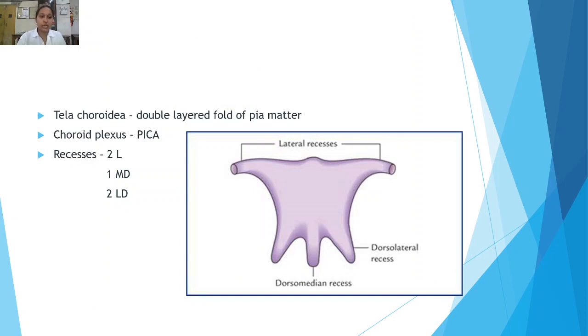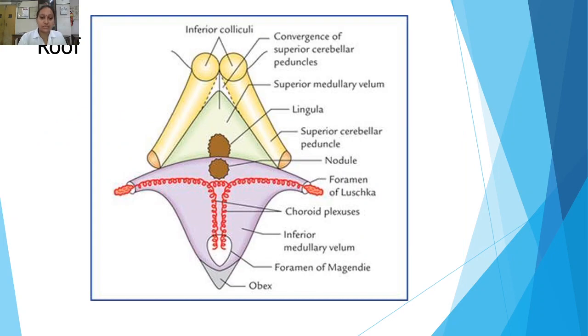Now, lateral boundaries we have seen, we'll see the tela choroidea. Tela choroidea is a double layered fold of pia mater that encloses the choroid plexus. The choroid plexus is a capillary plexus derived from the posterior inferior cerebellar artery, the chief artery in this region.